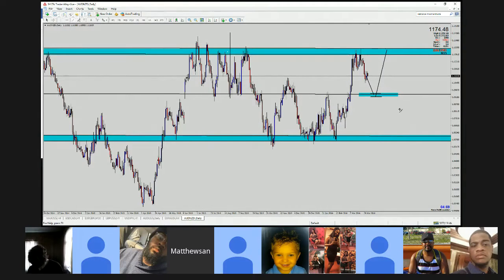Probably do that maybe once or twice and then make that full move back down. And you can already see a pattern there too, right here. That's a nice pattern as well.